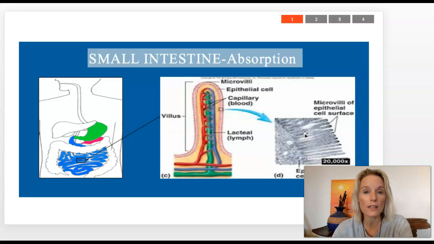Your digestive enzymes lie on that surface area, as well as other molecules that are responsible for digestion as well as absorption. So absorption takes place here, and you need to make sure your small intestine is intact. And if it's not intact, we start seeing problems, which we'll discuss in the next couple of points a little bit later on.